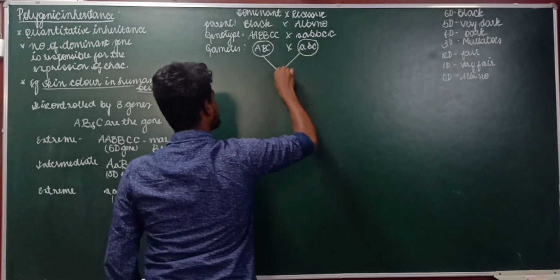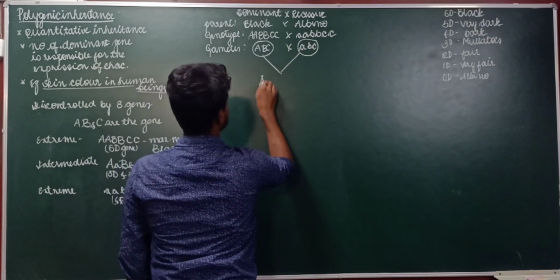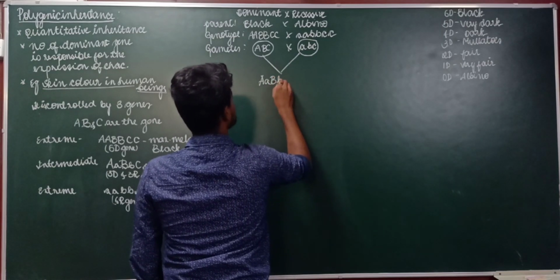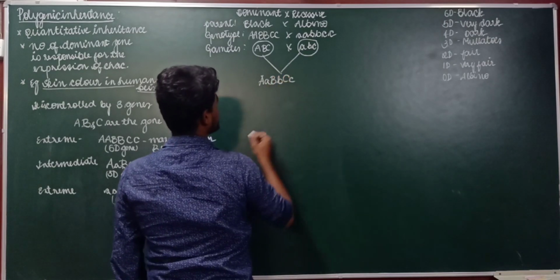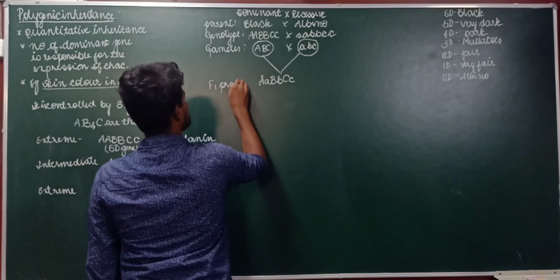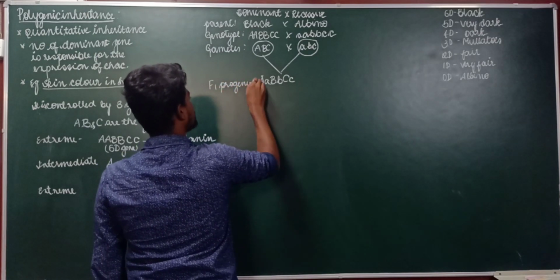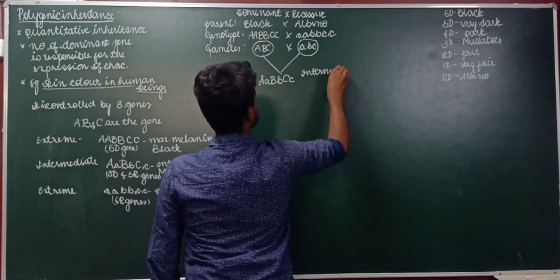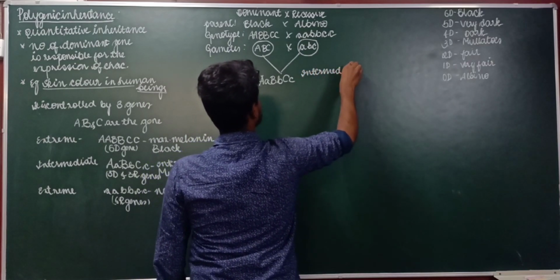And when I fuse these, I'll get a composition of dominant A, recessive a, dominant B, recessive b, dominant C, recessive c. This one I'm calling the F1 progeny, that is the first filial progeny, which exhibits an intermediate color.